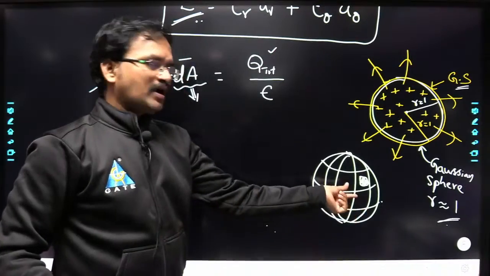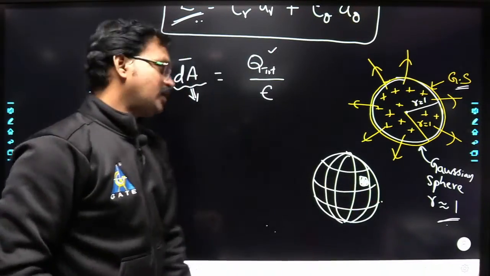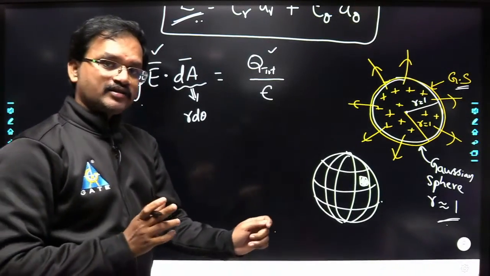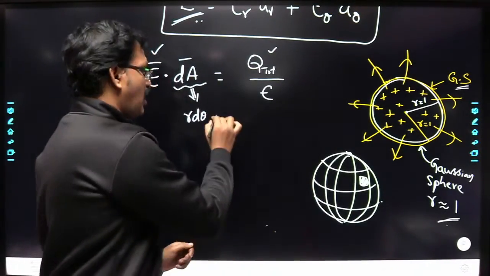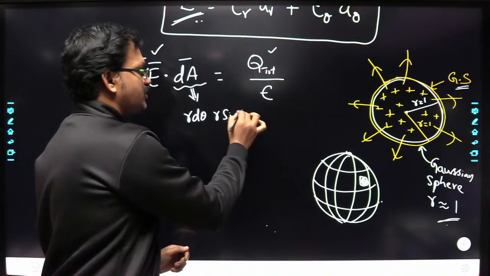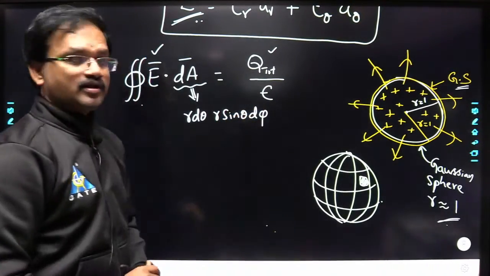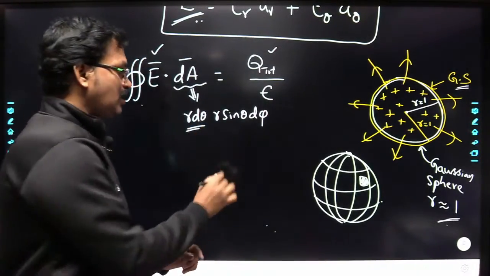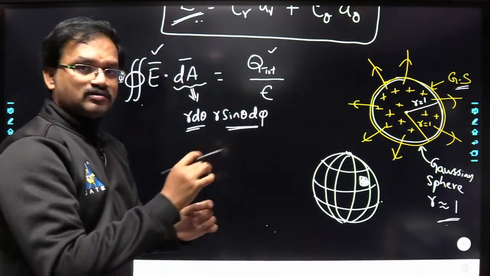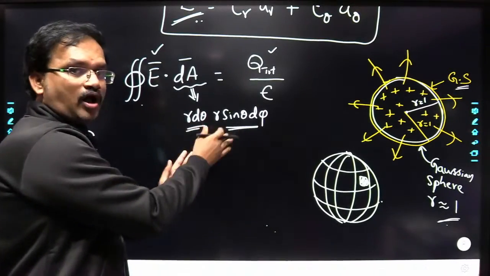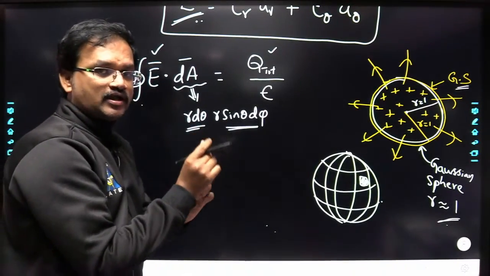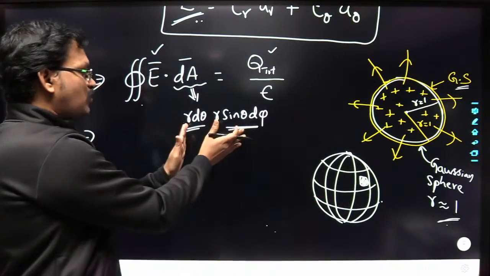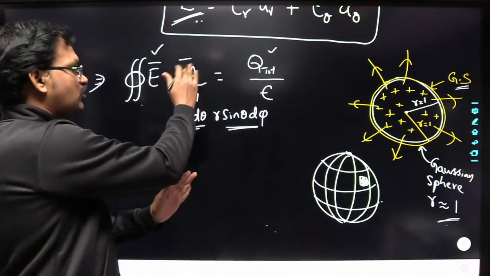The differential arc length along theta is r d theta, and the differential arc length along phi is r sin theta d phi. If you multiply these two arc lengths, you get the small differential surface area, dA bar.